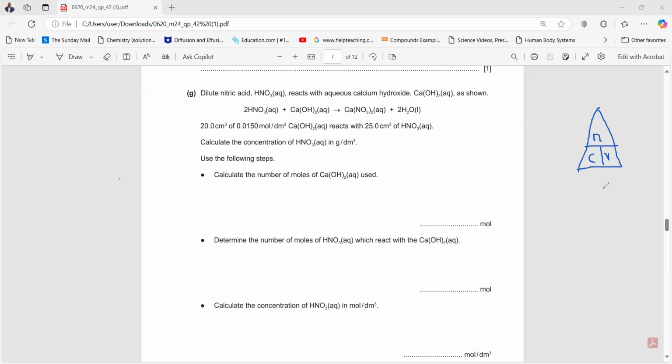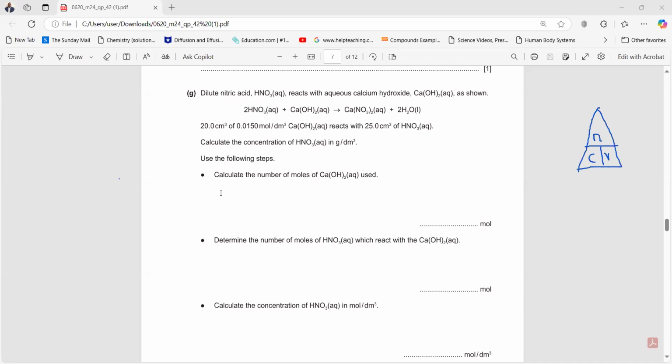And always our volume is supposed to be expressed as dm cubed. So this triangle is very, very important. And whenever you are answering your chemistry exam, make sure you draw these small triangles to allow you to remember the important formula that you're supposed to use.